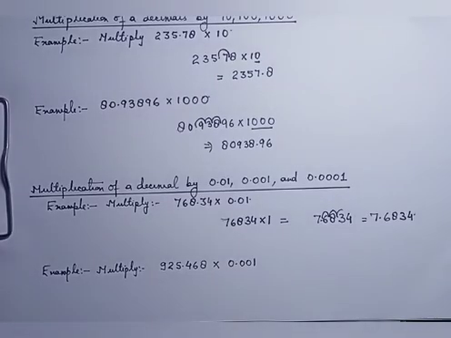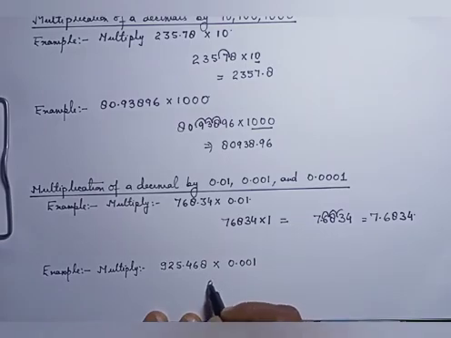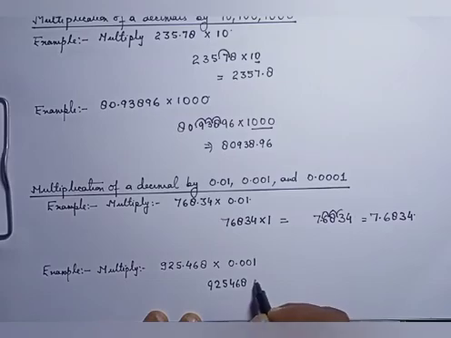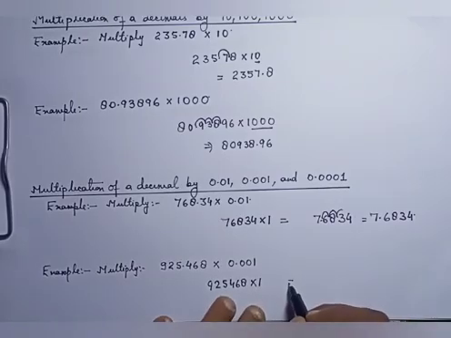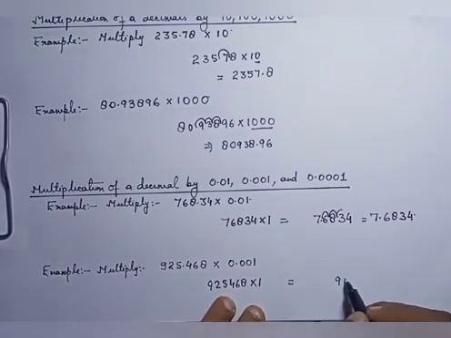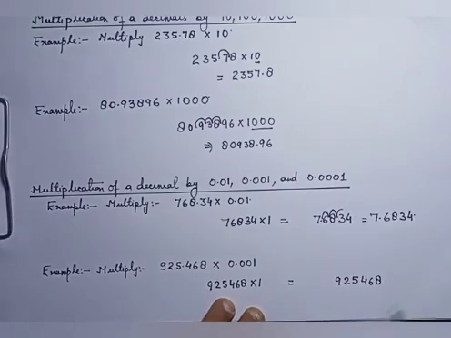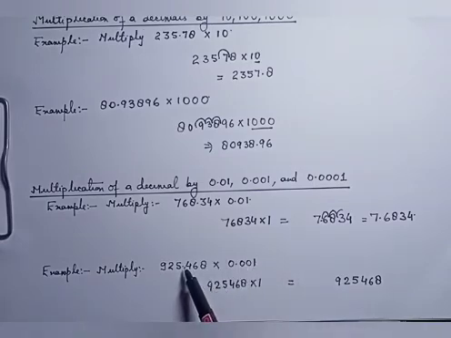Let us move to another example, that is 925.468 multiplied by 0.001. The same procedure we are going to follow over here also, that is 925.468 multiplied by 1 is equal to 925468. Now after that we are going to count the number of decimal places. So over here it is 3 and over here it is also 3.